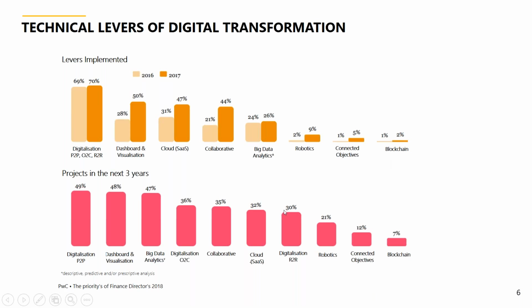But interesting, if we start looking at where we've been on the top of this graph, down into where are they looking to go next? Well, actually, interestingly enough, the digitalization around P2P and the workflows and sign-offs and authority matrix, etc., is still pretty high, with 49% of organizations looking at having projects in place in the next 3 years.